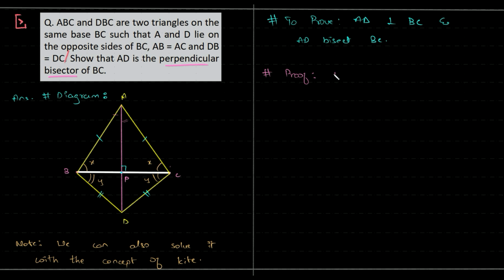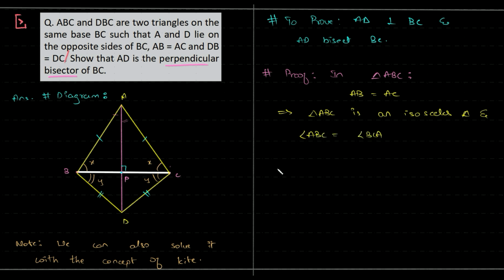So in triangle ABC, I'll just write what is obvious to me now. AB is equal to AC. This implies it's an isosceles triangle. This implies triangle ABC is an isosceles triangle, and angle ABC is equal to angle BCA.